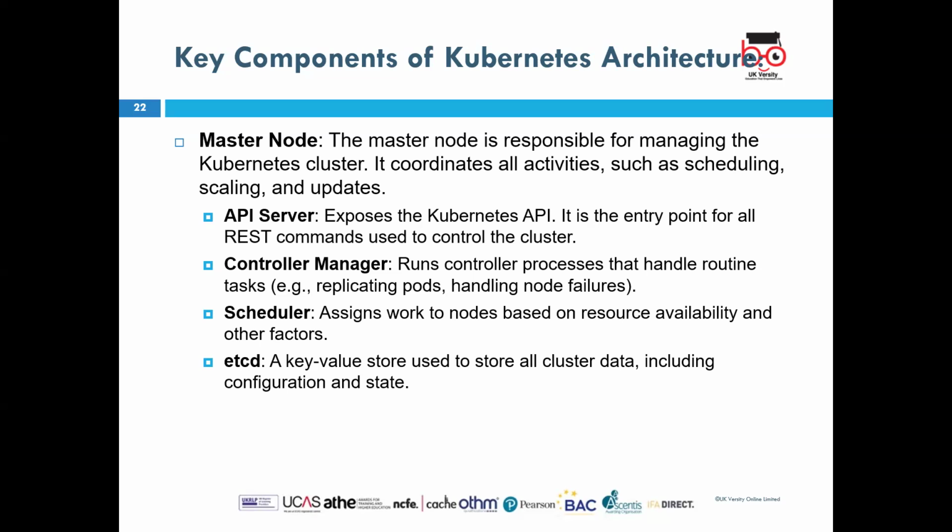So we do need to look into some of these concepts, such as the master node, which is responsible for managing the Kubernetes cluster, and will coordinate all activities such as scheduling, scaling, and updates. Also, we're going to have our API server, which exposes the Kubernetes API and is the entry point for our REST commands used to control the cluster.